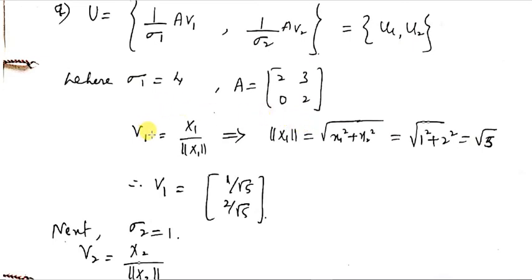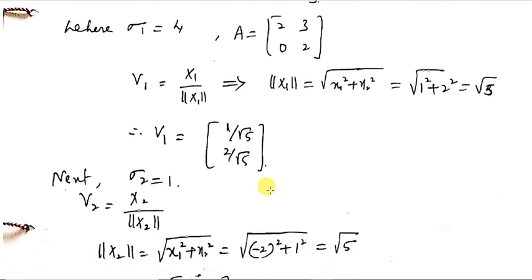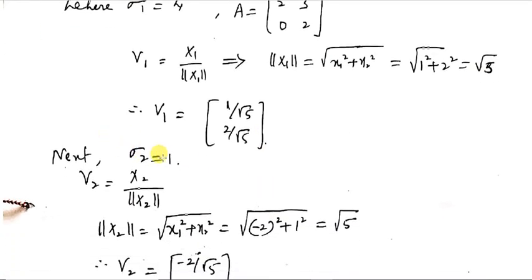So v1 is given by x1 by norm x1. Normalized vector we have to compute, where x1 is (1, 2). Therefore, norm x1 is square root of 1 square plus 2 square, that is root 5. So, therefore, v1 is equal to (1 by root 5, 2 by root 5). Sigma 2 is equal to 1.